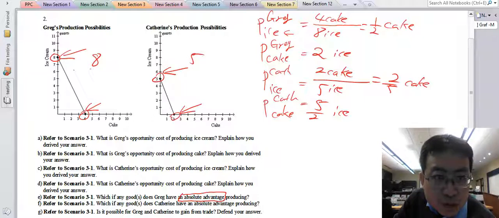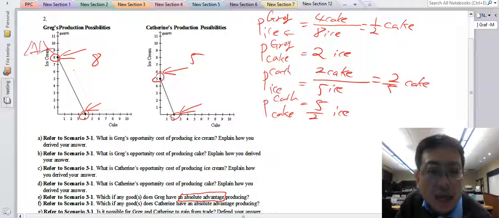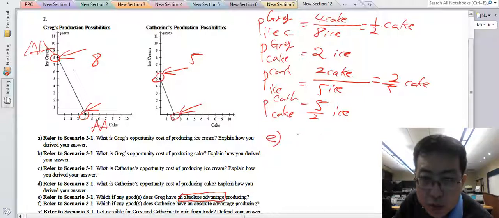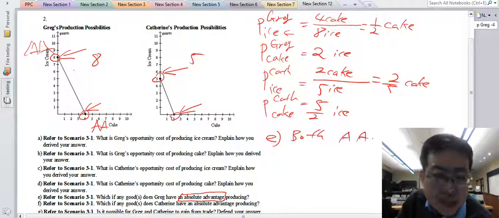Therefore, Greg has an absolute advantage in production for ice cream. Let's call it AA, absolute advantage. For cake, Greg can produce 4 cake and Catherine can produce 2 cake. So Greg also has an absolute advantage in production for cake. The answer for part E is that Greg has both absolute advantages.